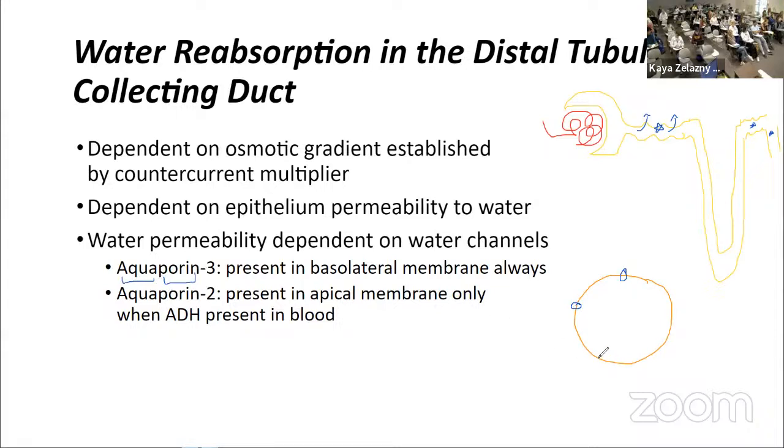Aquaporins allow water to move across. Okay. So usually we're just assuming they're there, and that's why water can travel, because they're pretty much everywhere. However, in the distal tubule and collecting duct, they're kind of variable. So they're always in one place. We always have aquaporins in our basolateral membrane, okay? But we don't always have aquaporins in our apical membrane.